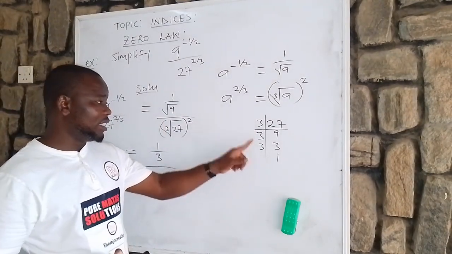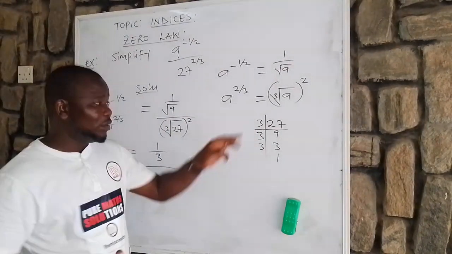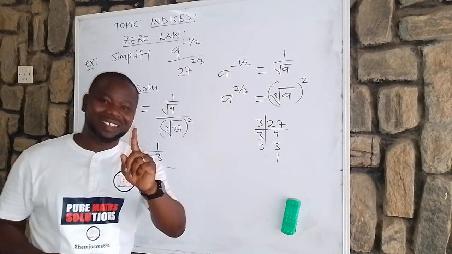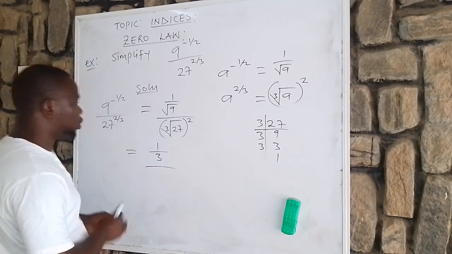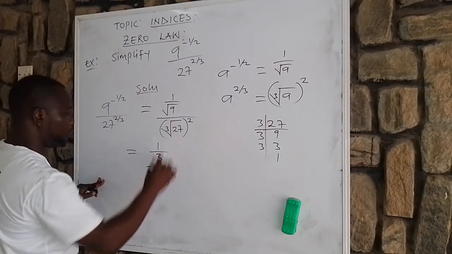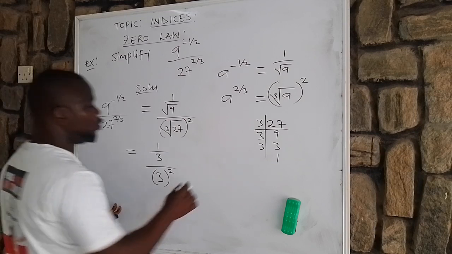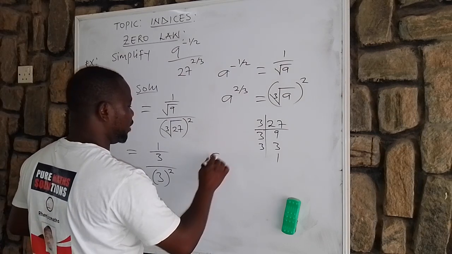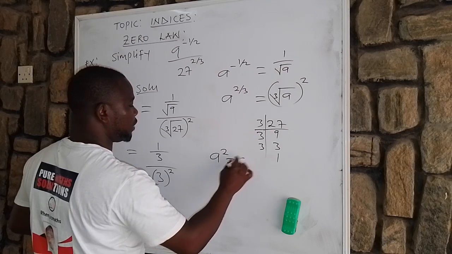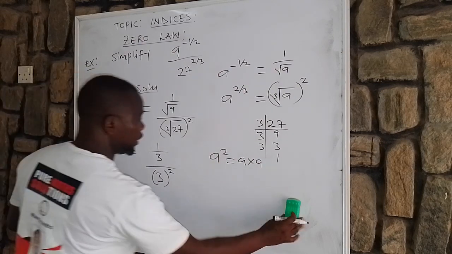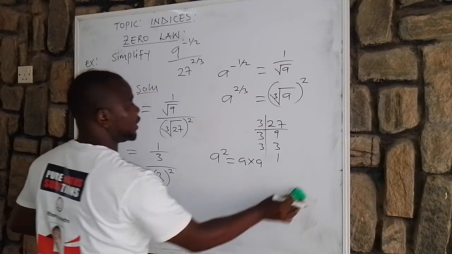Not 3 times 3 again. No, please take note. Because 3 appears 3 times, you pick only one 3. That is the meaning of cube root. So it means 3, open bracket, raised to the powers of 2. Note that if we have anything raised to a power, let me say a raised to power 2, this is the same as a times a. True or false? So now I can clean this, right?